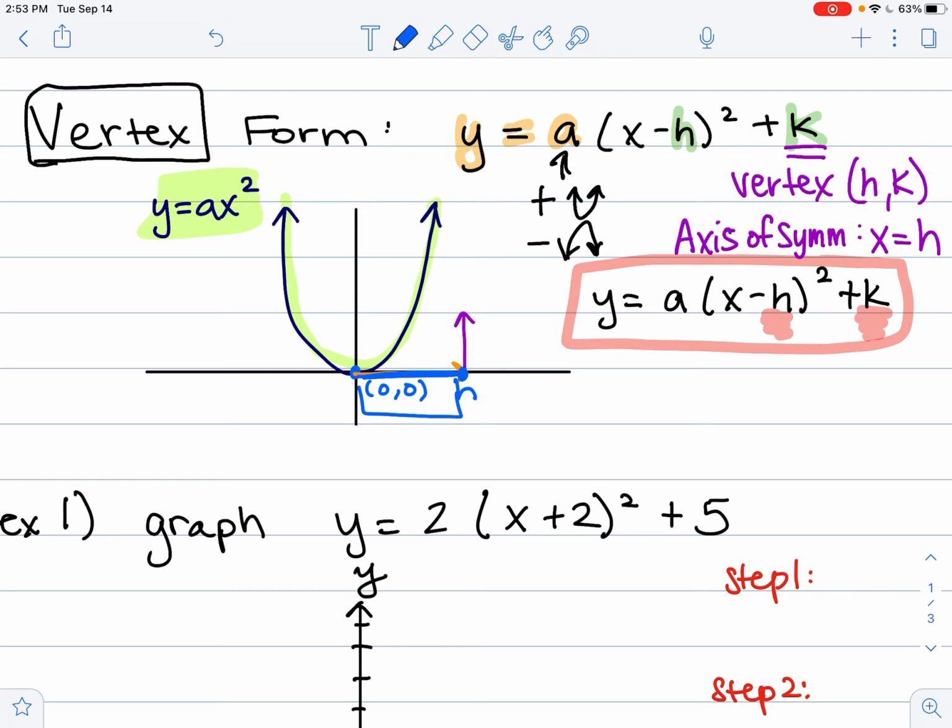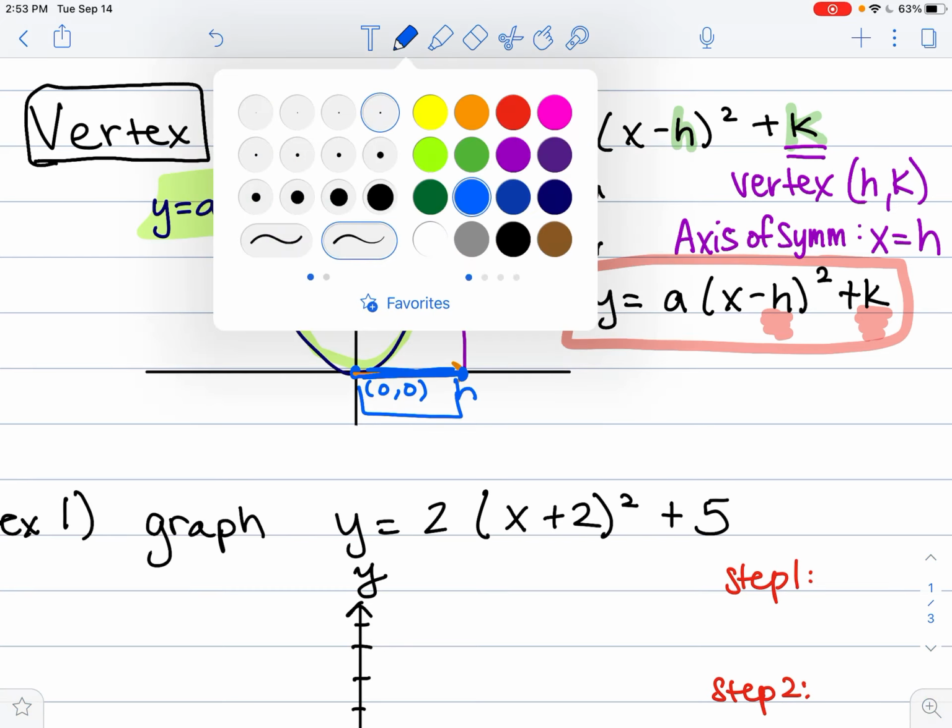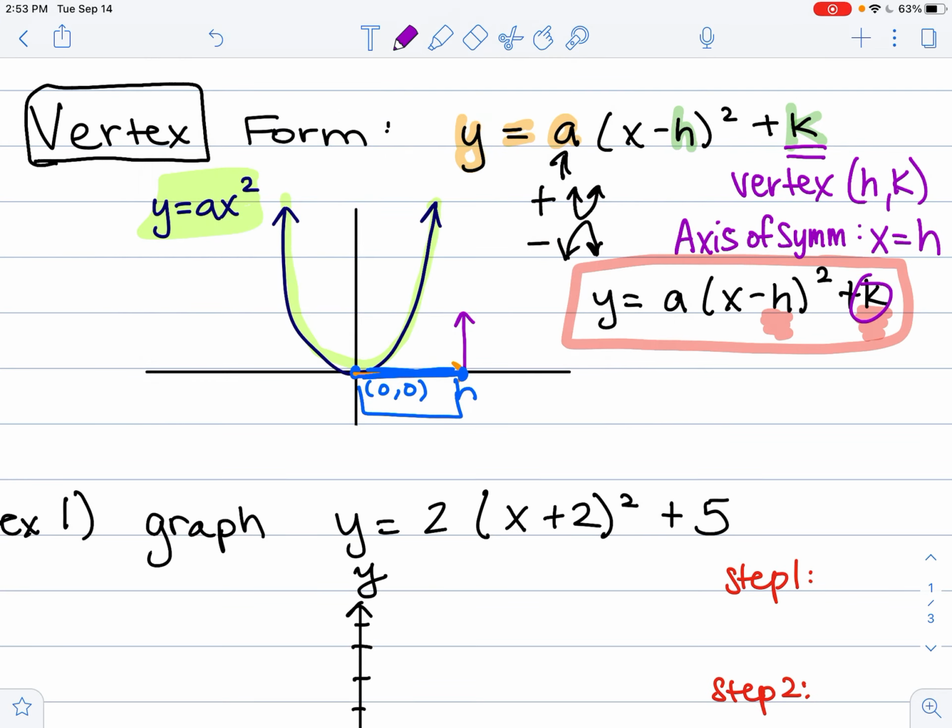So I'm moving it over to the right h units, and up k units. Then it looks like the same shape, but we've shifted it over, where the vertex, instead of being at 0, 0, is h comma k.